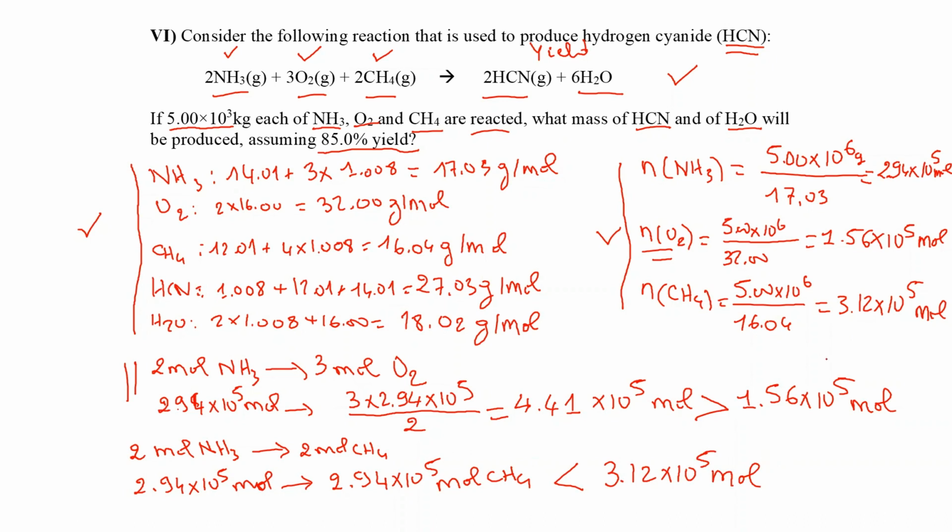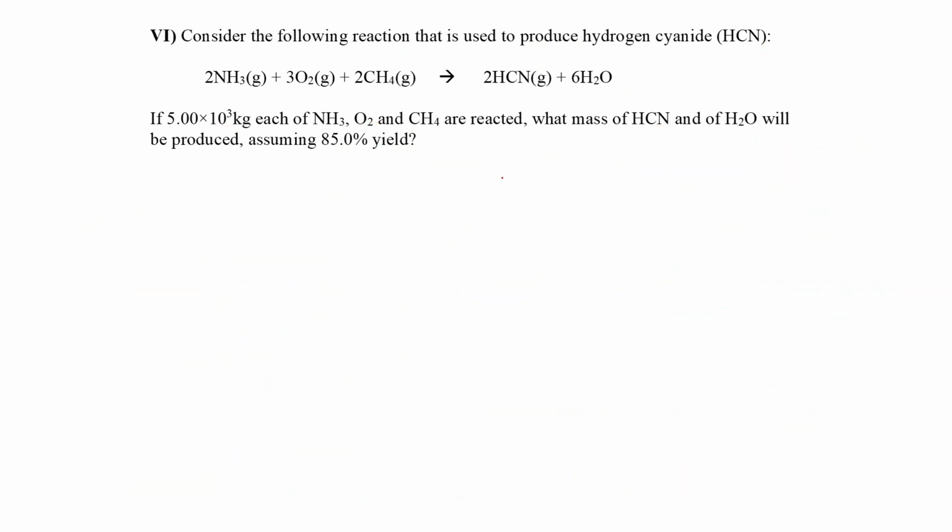So we can conclude, what is our limiting reactant? The one that we don't have enough of. So we have excess of ammonia. We have excess of methane. This is excess. So our limiting reactant is oxygen. We can write that O2 is the limiting reactant.